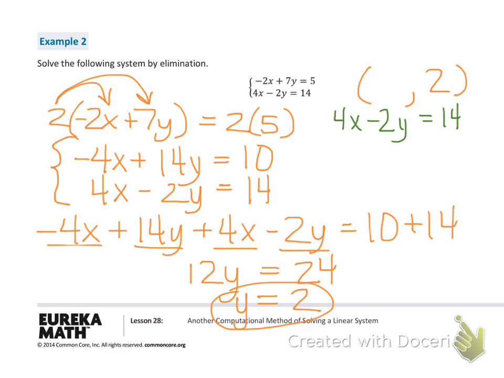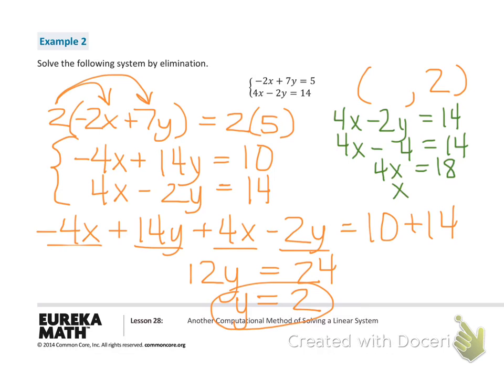I know y is 2, so I've got 4x minus 2 times 2, which is 4, is equal to 14. I'm going to add 4 to both sides, so I know that 4x is equal to 18.